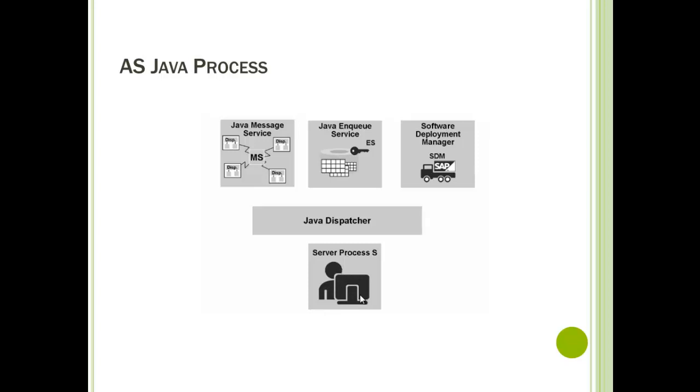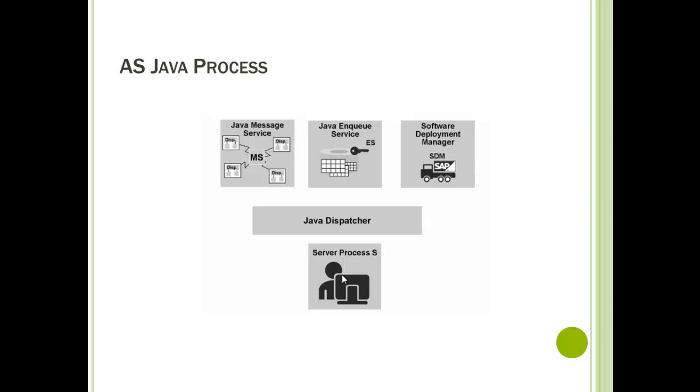Every server process can execute a large number of processes, that is called multi-threaded processes, by one Java server process. So it's a contrast to the ABAP work process. If you see the ABAP work process, it is specific to one process in ABAP. In the Java server process, every server process is multi-threaded and it can execute a large number of requests in parallel.